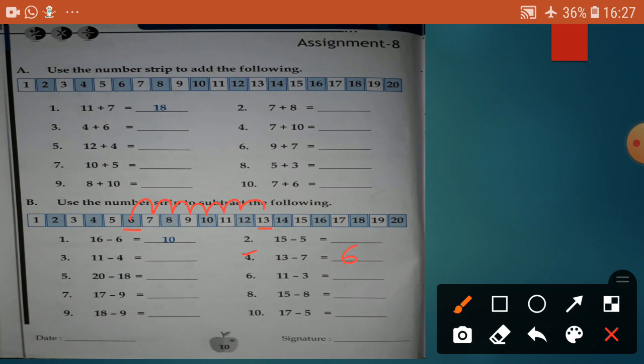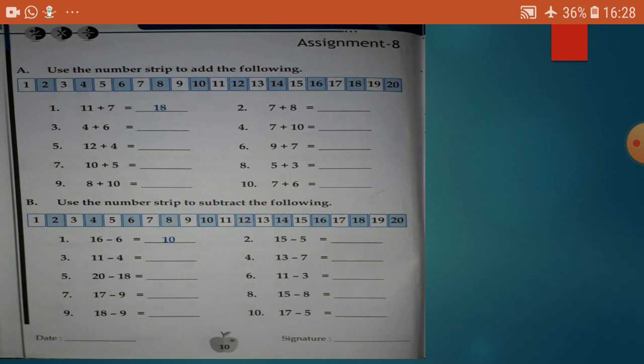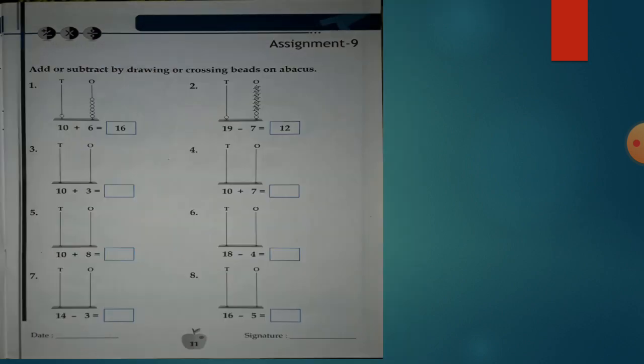So children, practice. Use the number strip to add the following and subtract the following. Okay, page 10. Practice.